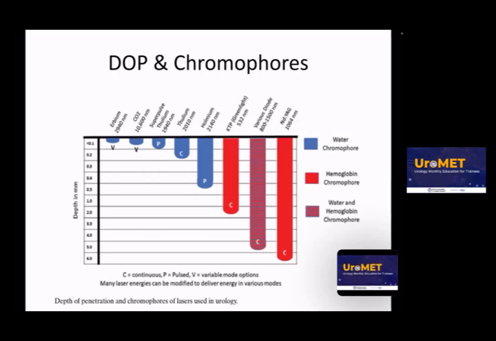There are different lasers depending on the gain medium: CO2 laser, thulium laser, holmium, KTP, that means the green light laser, potassium titanyl phosphate, and the diode laser. Depending on those, there are different depths of penetration and different chromophores.